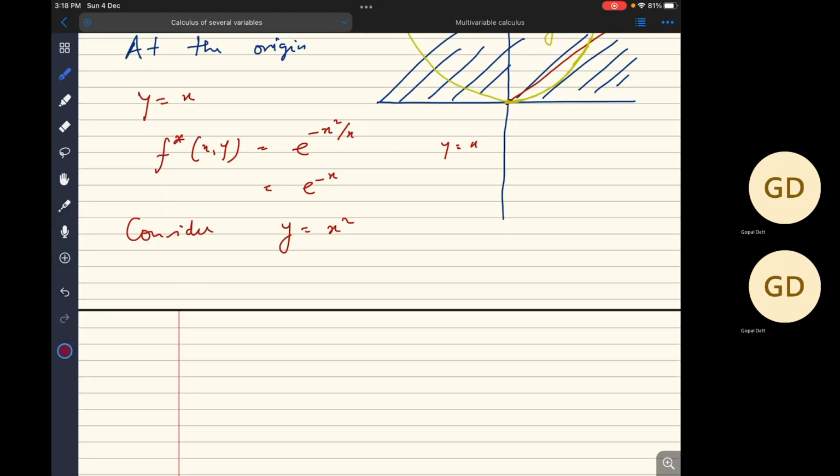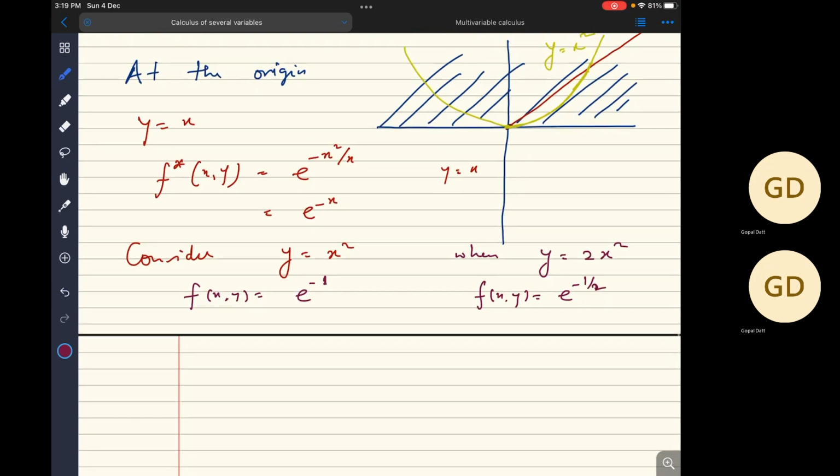When y equal to x square, f x y is e to the minus 1. And when y equal to, say, 2x square, f x y is e to the minus 1 by 2. Correct? So for two different curves, we are getting different values of f.